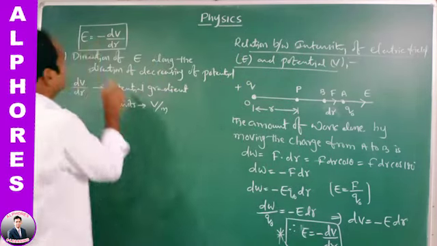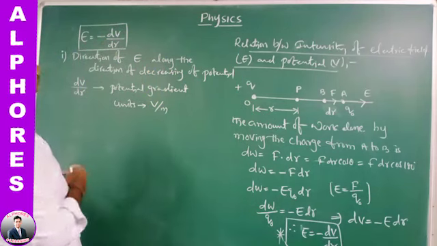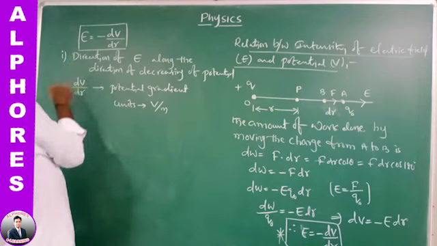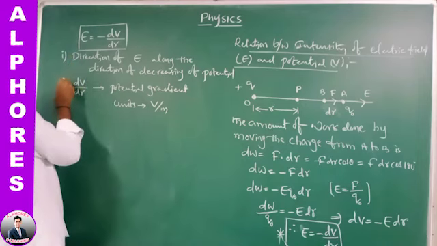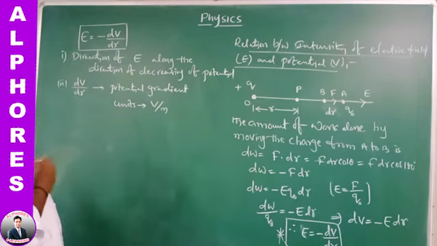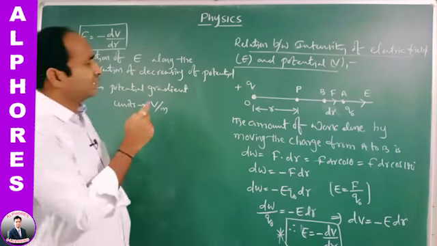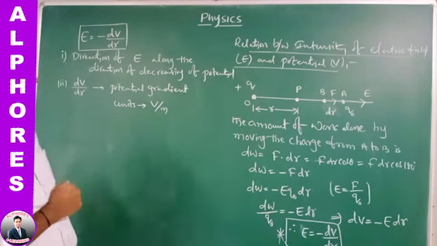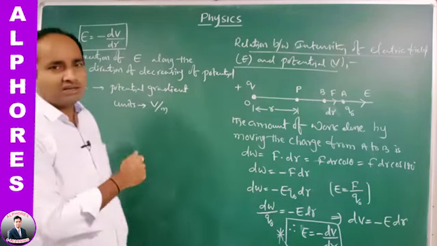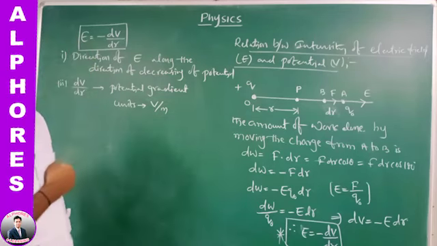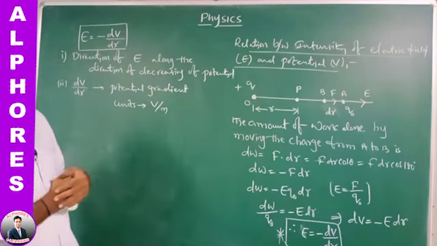And from this equation we may say 2 points: the direction of electric field is always in the direction of decreasing value of potential, and dV by dr is called potential gradient, and the units are volt per meter.